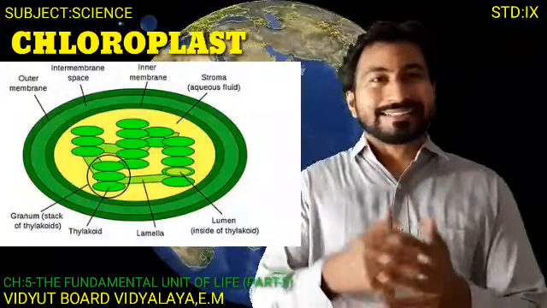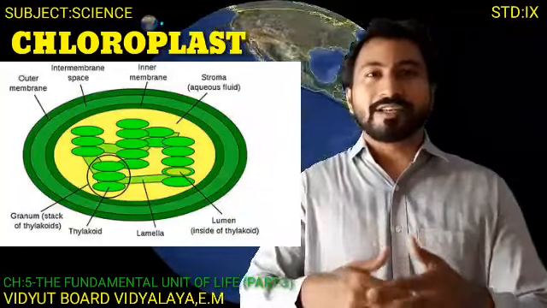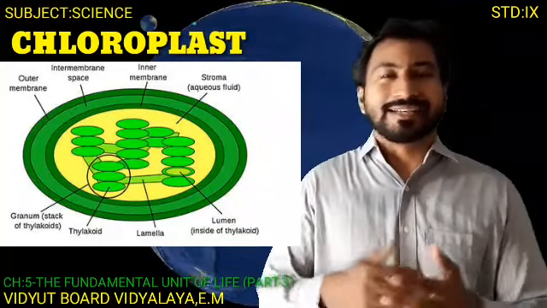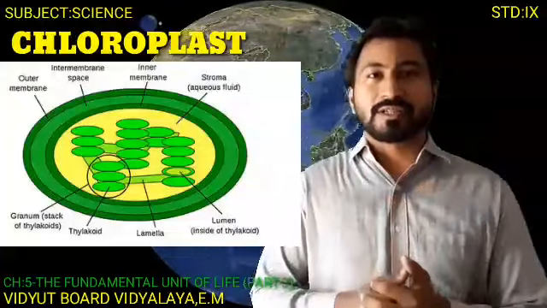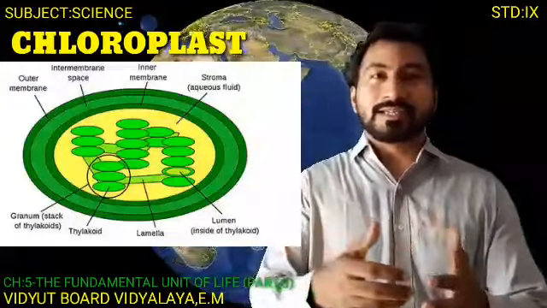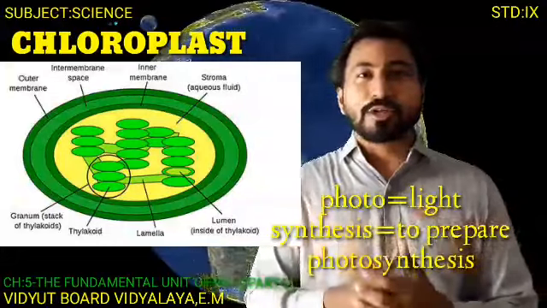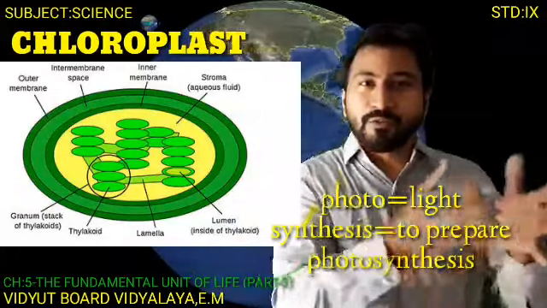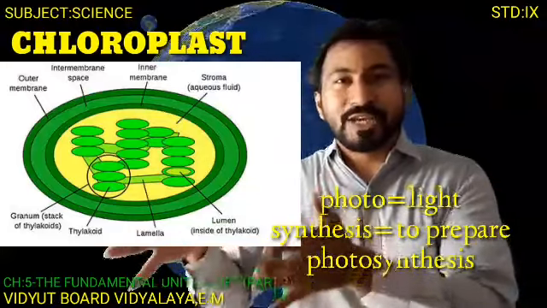Furthermore, this chlorophyll is also responsible for various biochemical processes in case of the plants, and one of the major processes it helps in is the photosynthesis. If we divide the word photosynthesis, photo means light and synthesis means to generate.